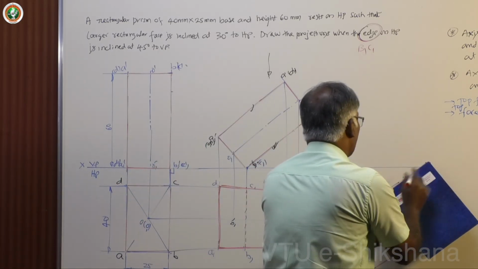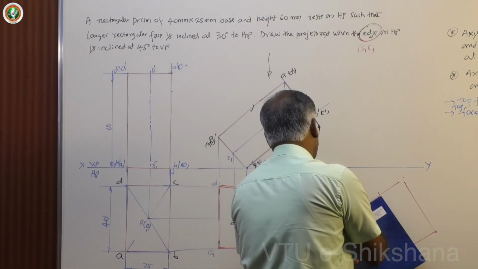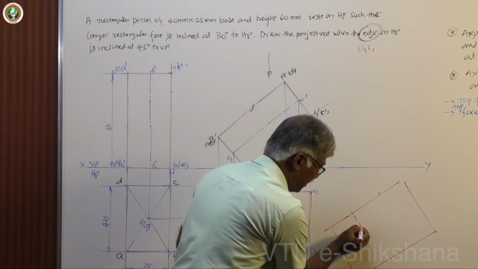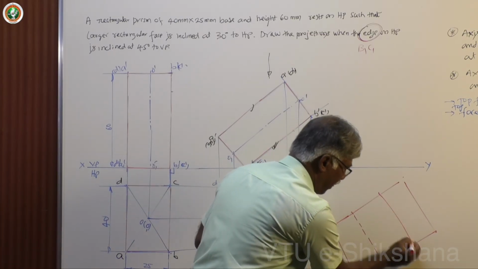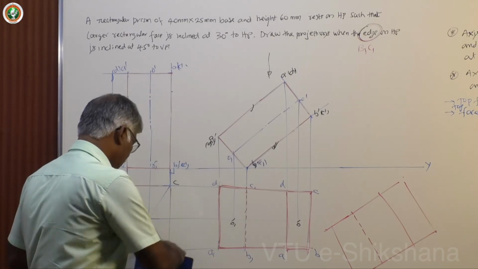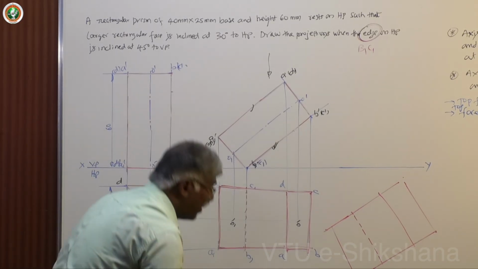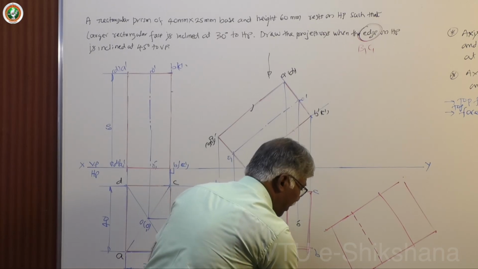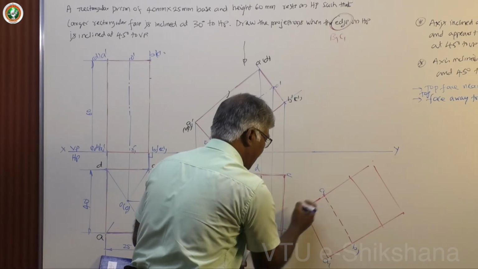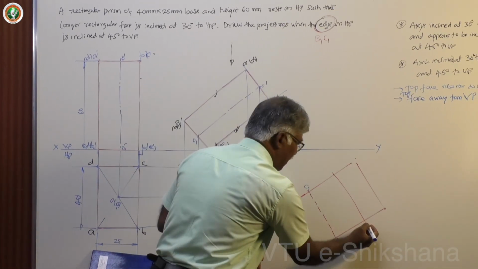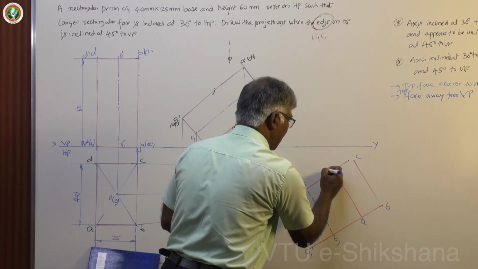Keep overall figure and then that's all. It's very easy. Now keep this naming: A1, B1, C1, D1, A, B, C, D.